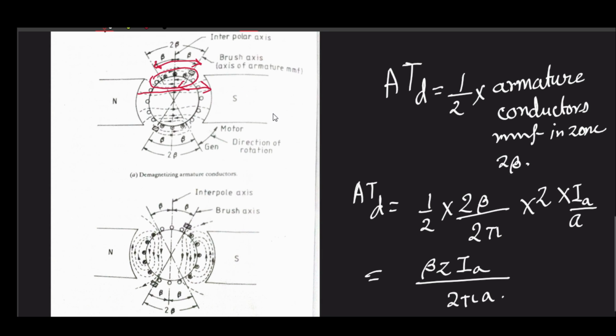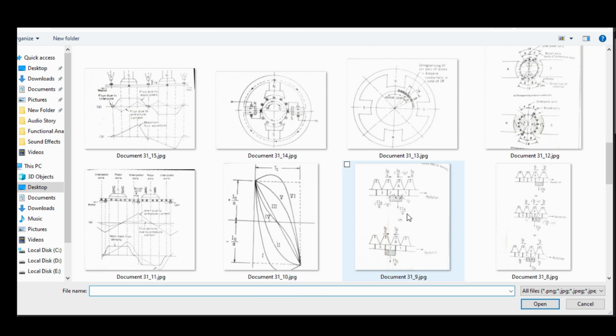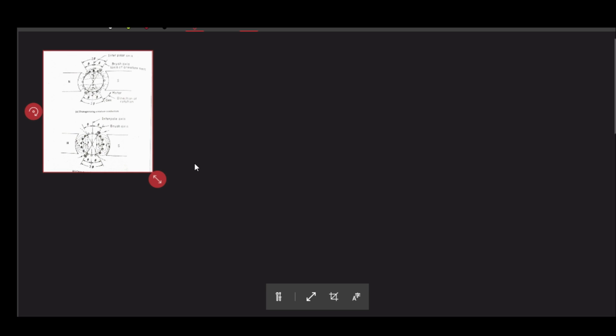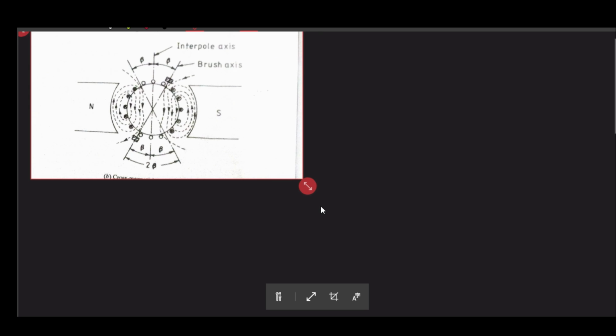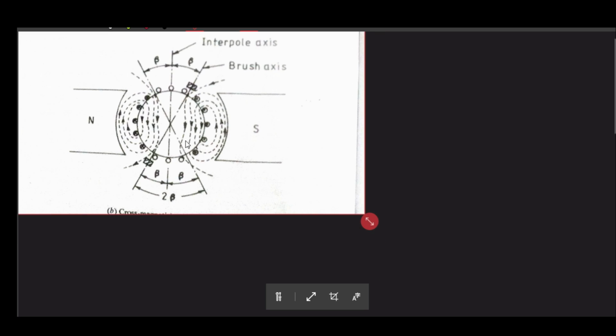Now what we can see is that in the remaining area, that is 2 pi minus 4 beta, these conductors are producing a field that is exactly in quadrature with your main field.